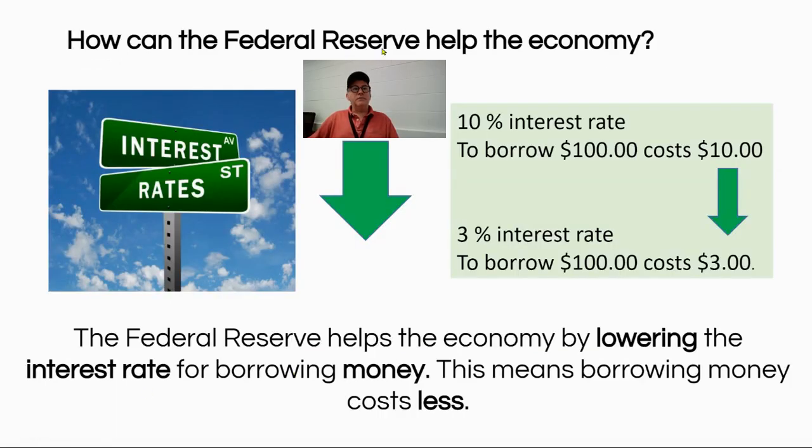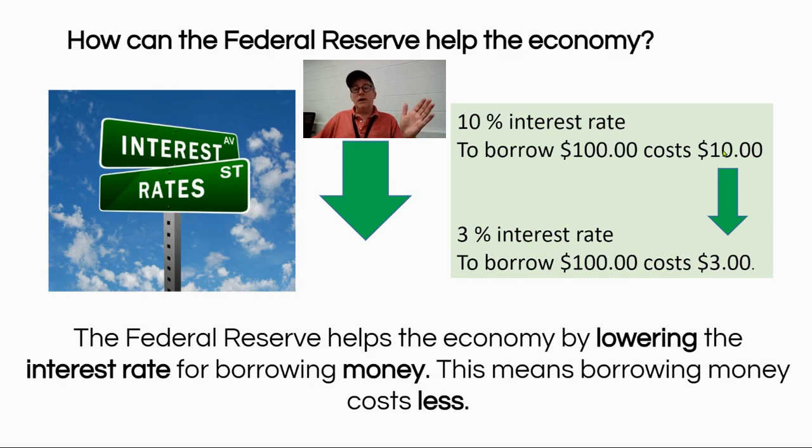How can the Federal Reserve help the economy? The Federal Reserve helps the economy by lowering the interest rate for borrowing money. This means borrowing money costs less. So, for example, at a 10% interest rate, to borrow $100 would cost $10.